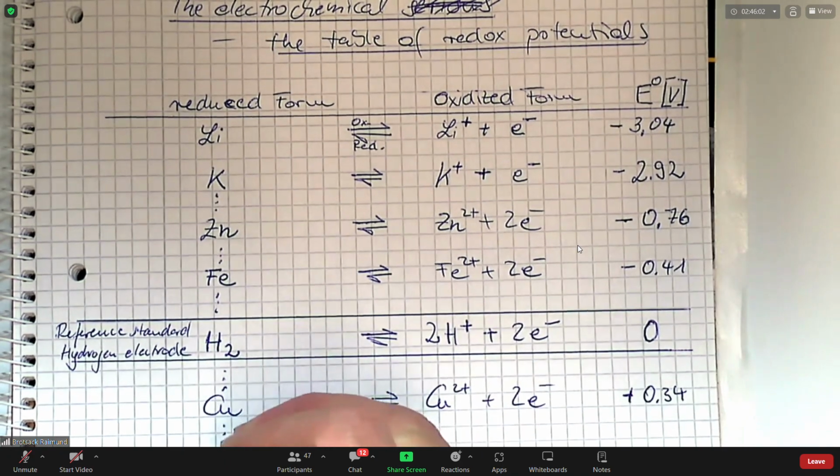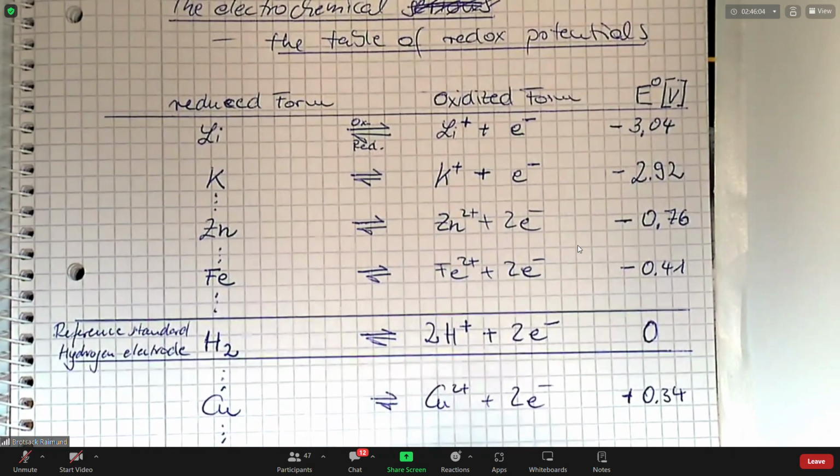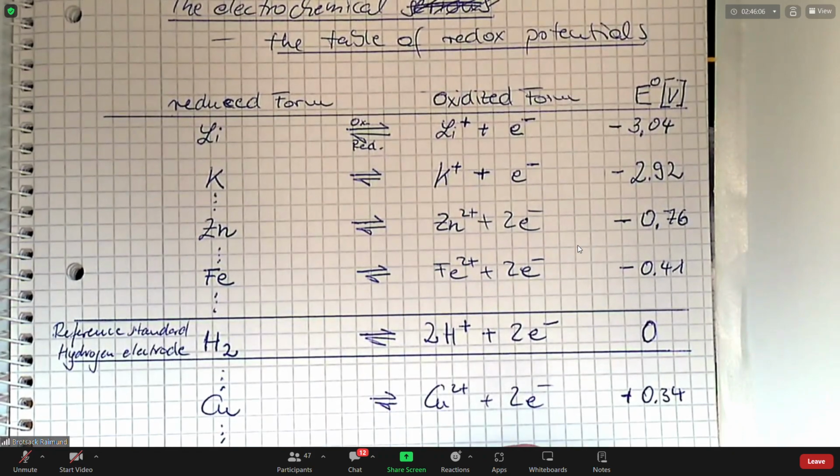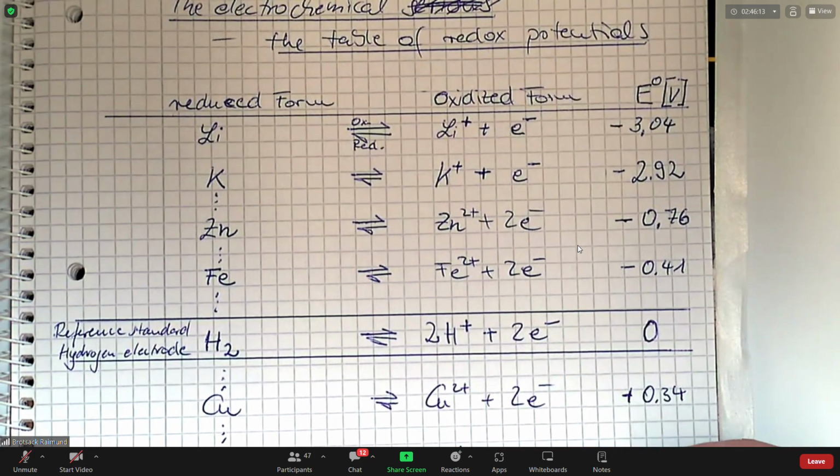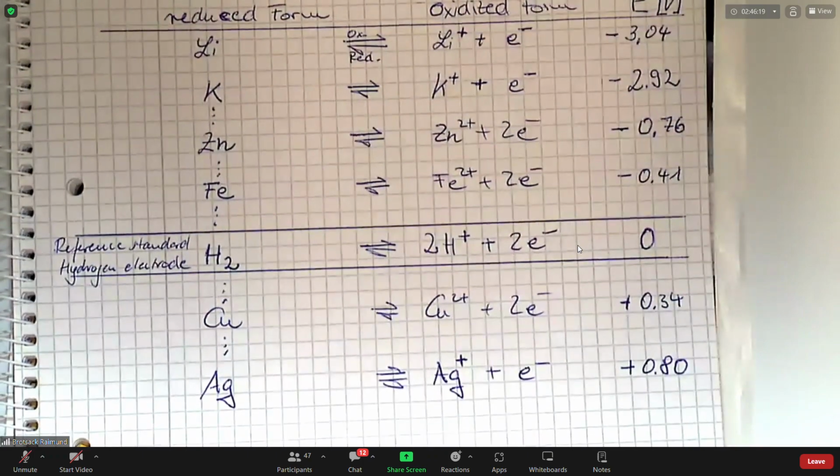Going to silver, we see silver plus, only 1 positive charge, plus 1 electron. Here we already have plus 0.8 as the redox potential for silver.